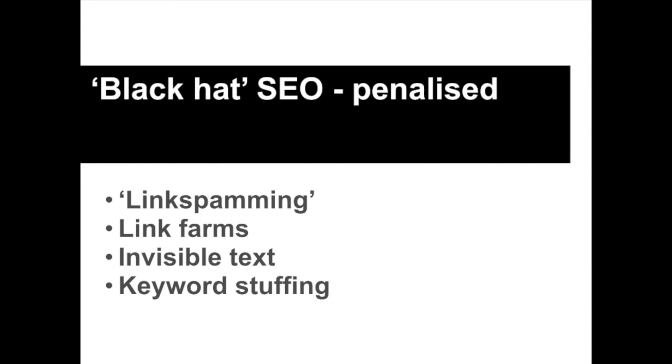Again, this is frowned upon and penalized. And finally, what's called keyword stuffing, where you stuff your content full of particular keywords in order to try and get it ranked more highly. The content is not particularly readable to humans, but it is aimed at search engines. And again, this is broadly penalized by search engines.